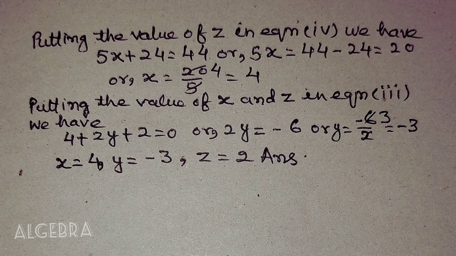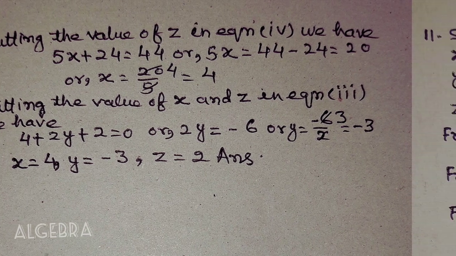Putting the value of x and z in equation 3 we have 4 plus 2y plus 2 is equal to 0, or 2y is equal to minus 6, or y is equal to minus 6 by 2 is equal to minus 3. So x is equal to 4, y is equal to minus 3 and z is equal to 2.